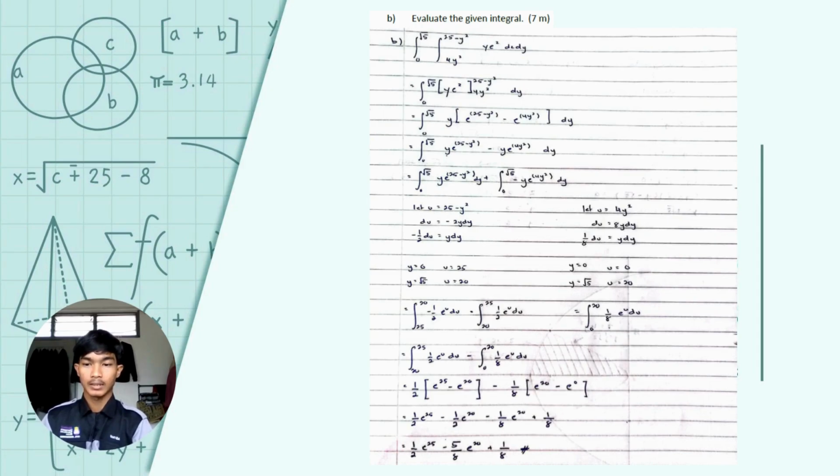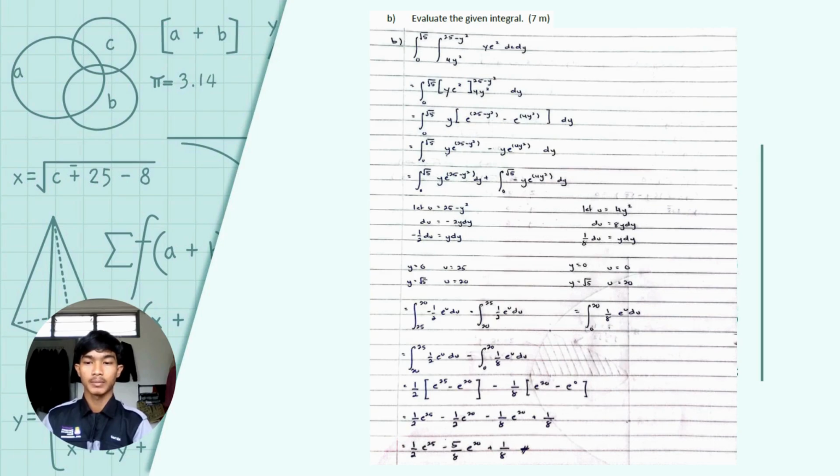For the first integral, we solve y e to the power of 25 minus y squared. The substitution u equals 25 minus y squared is used, where du equals negative 2y dy. For the second integral involving y e to the power of 4y squared, the substitution u equals 4y squared is applied, giving du equals 8y dy.